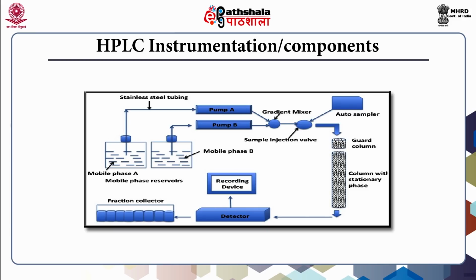The guard column is used prior to the main column just to avoid any impurities entering the main column. So, the guard column protects the main column by stopping some of the impurities from going into it. Then we have the main column, the detector, and finally the fraction collector.